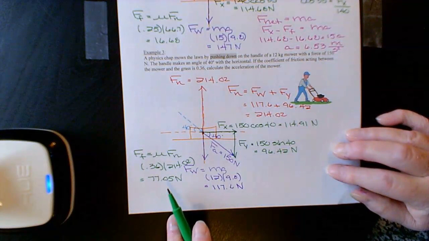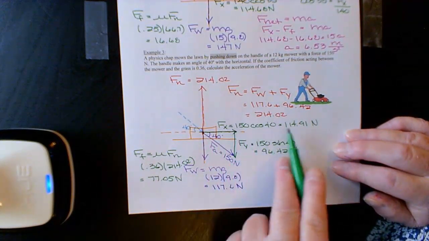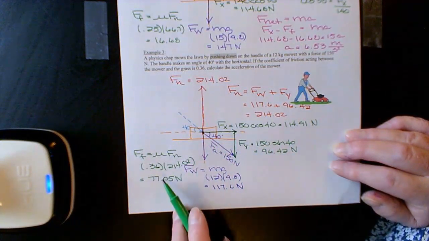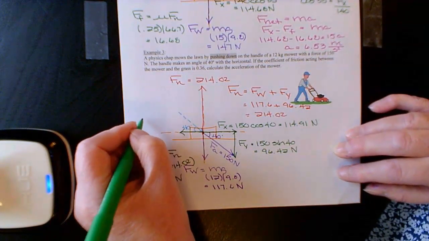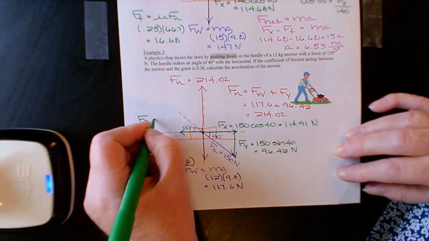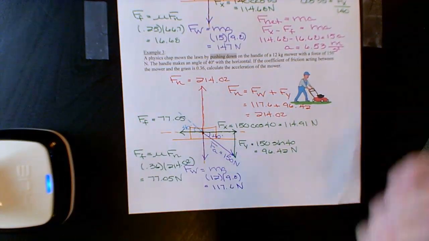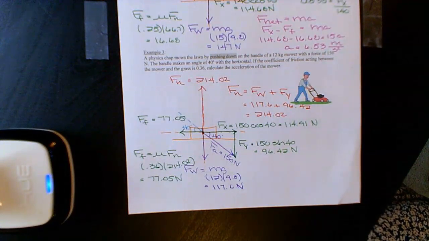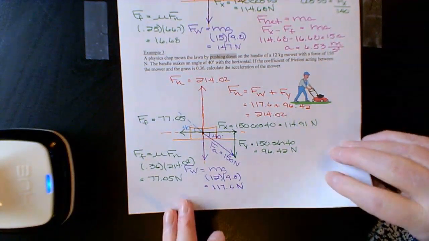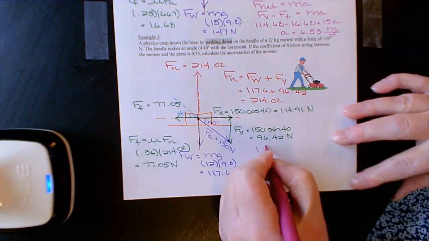All right, how long of an arrow should I draw? This X arrow is 114, so 77 should be shorter. So I'll draw that a little bit shorter, and I'll label that friction 77.05.